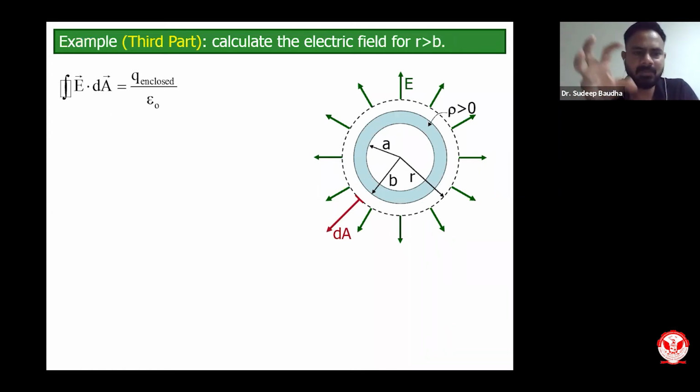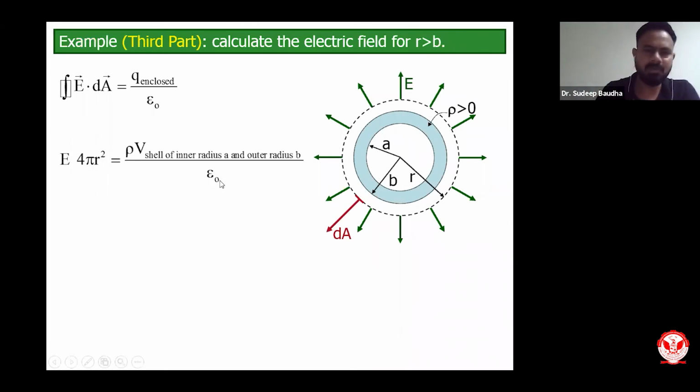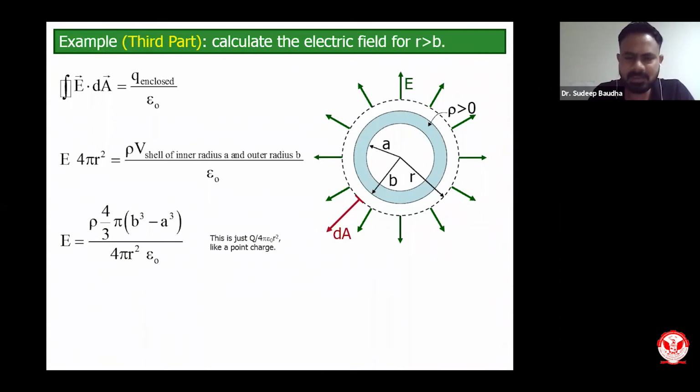We don't have to worry about the integration. Suppose I have a sphere of radius r, you know what the integration is going to be: 4 pi r square. The integration part is much easier, or negligible, when we solve things with respect to Gaussian law. So I hope the concept of Gaussian law is very clear.